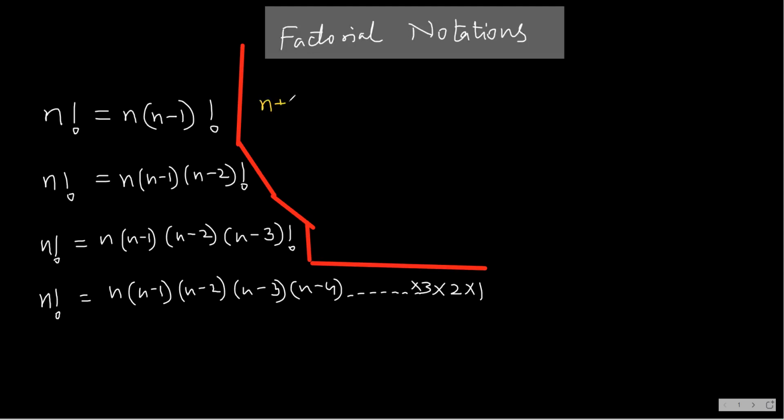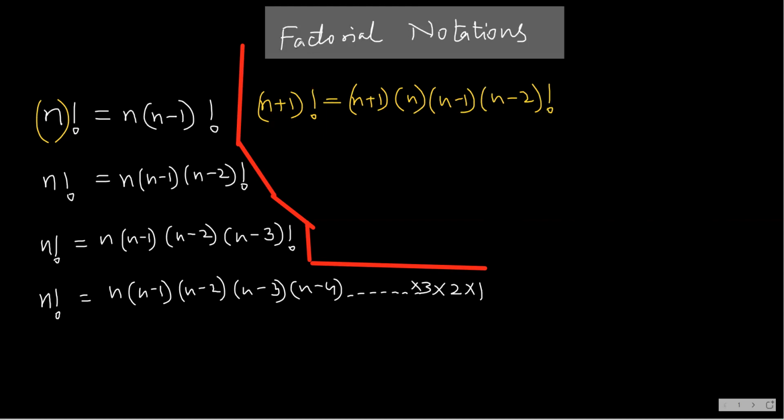Suppose I write n plus 1 factorial, it's going to be on the same line. When you wrote n factorial, you began with n, then you wrote n minus 1. Here you will write n plus 1, then n plus 1 minus 1, one less than this. So what is one less than this? It is n, then n minus 1, n minus 2 factorial. If you want to end here.